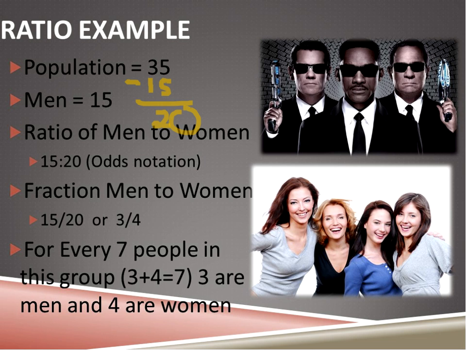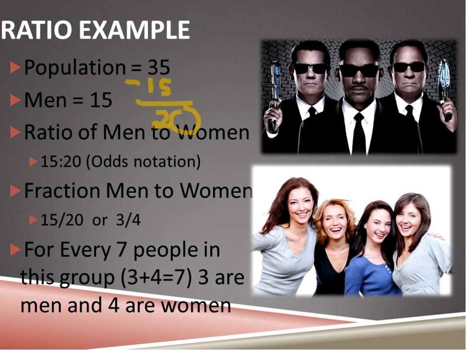So 20 are women, right? So what's our ratio of men to women? Our ratio is 15 to 20. Or our ratio can also be written as a fraction, 3 to 4. We're just reducing our numbers down to their simplest, lowest common denominator.